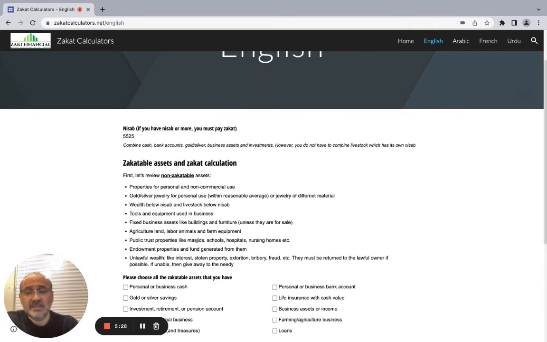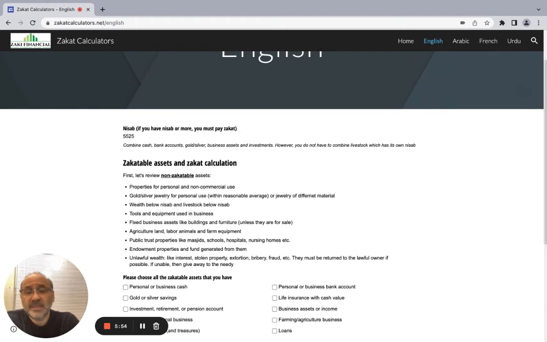Also, if you have a business, your tools, your equipment, your machines, you don't pay zakat on that. Your fixed assets, like your building, your furniture, you don't pay zakat on that. Your agricultural land, labor, animals, farm equipment, you don't pay zakat on that. You pay zakat only on the stuff that you sell or on net income if you have an income business. And we'll explain that in the business zakat.